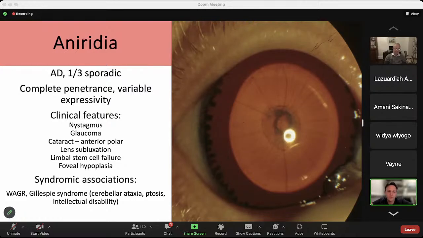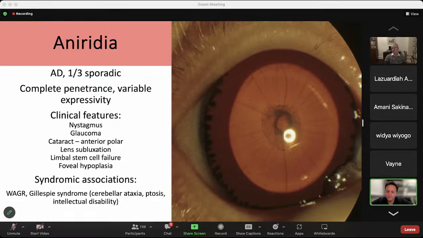We also see limbal stem cell issues, so it's very important to be considering the type of surgery you're doing in these kids. These eyes don't like surgery at all, because of the limbal stem cell fragility as well. There's, again, syndromes associated with aniridia, of which WAGR syndrome and Gillespie syndrome are the two.